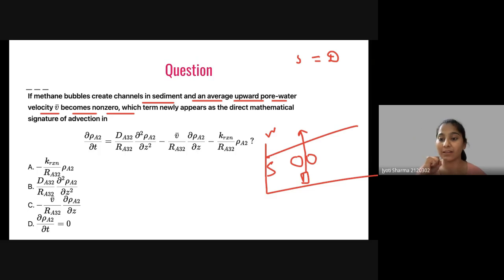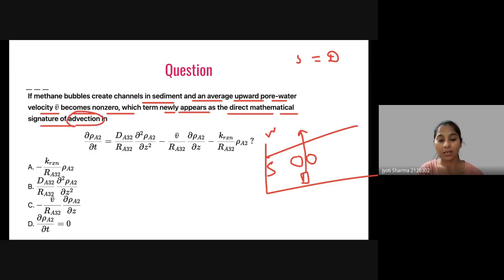If there is any velocity, it means we will have diffusion, plus due to velocity also there will be a change in concentration with time. There will be movement due to the velocity also, which is a newly appearing term, the direct mathematical signature of advection.